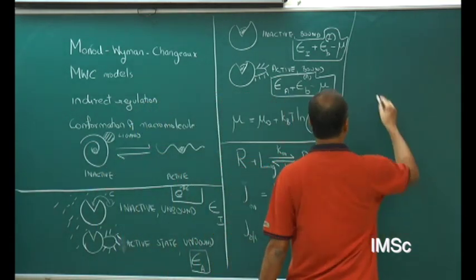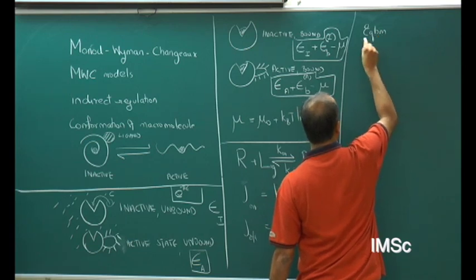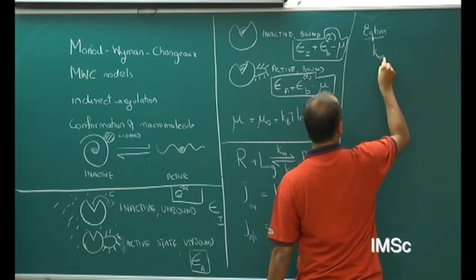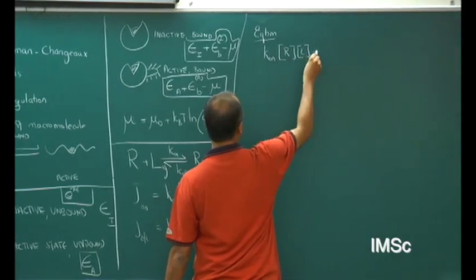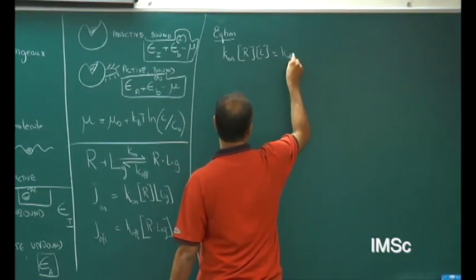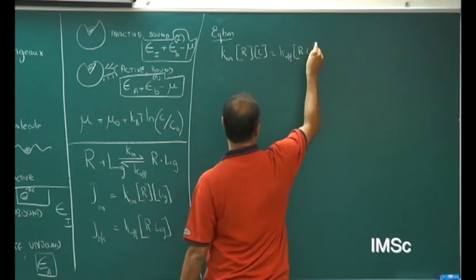Okay? So in equilibrium, K on times receptor times ligand must equal K off times receptor ligand combination.